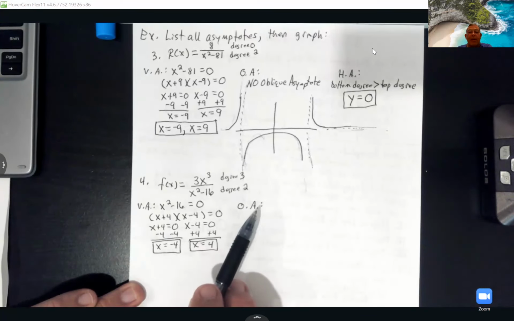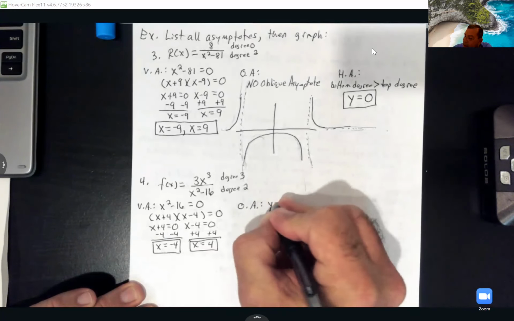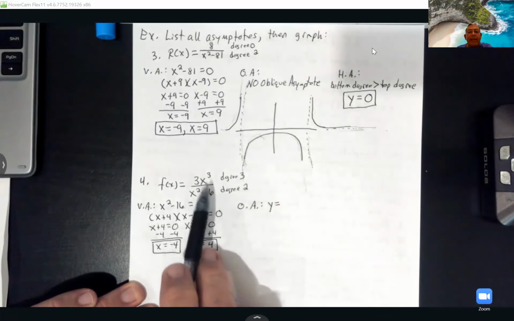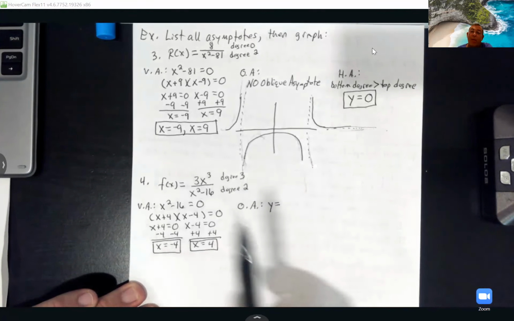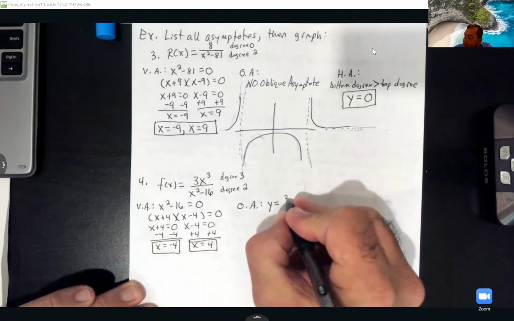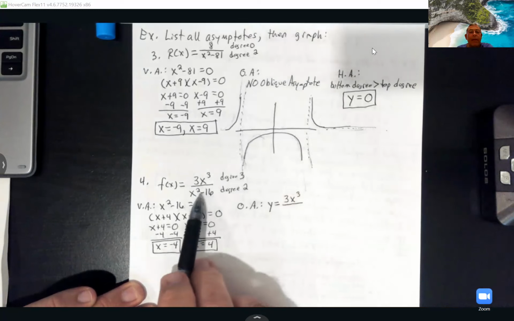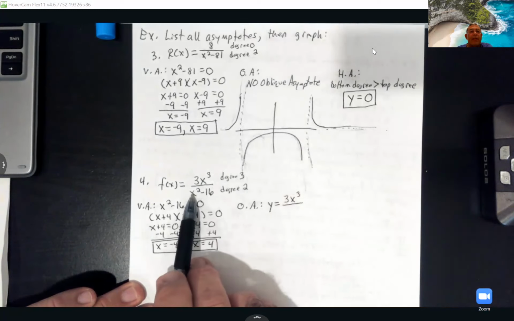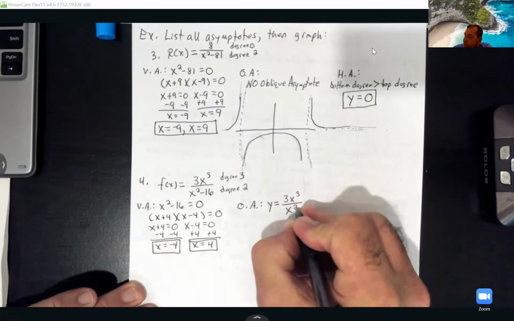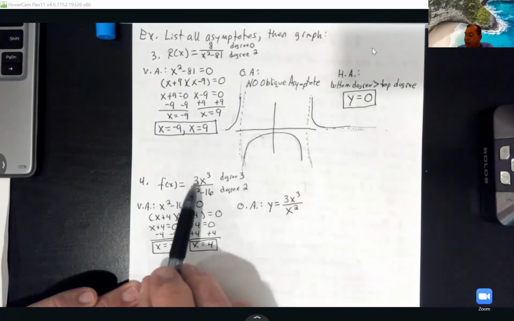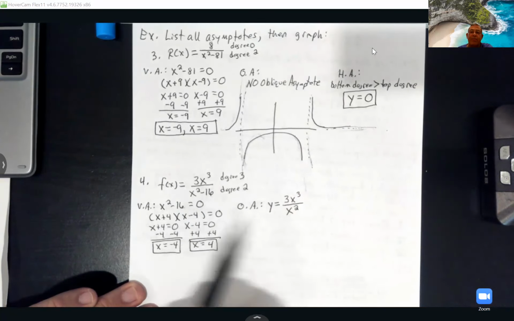Since we've got an oblique asymptote, we're going to look at y equals the leading term on top. There's only one term on top, and that's 3x to the third, over the leading term on bottom, which is the x squared term. Notice I'm only comparing the leading terms. That 16 has nothing to do with this part, okay?